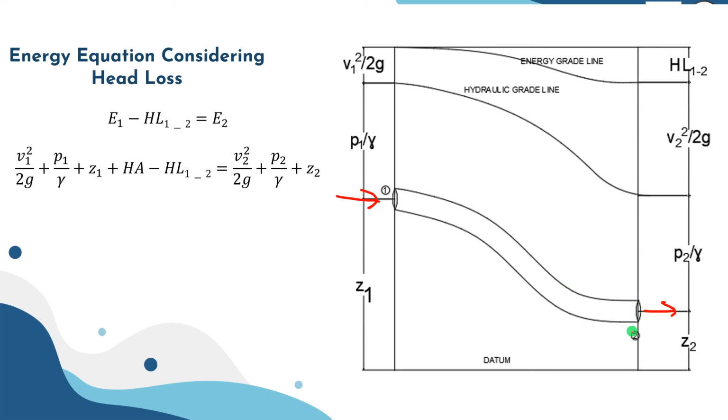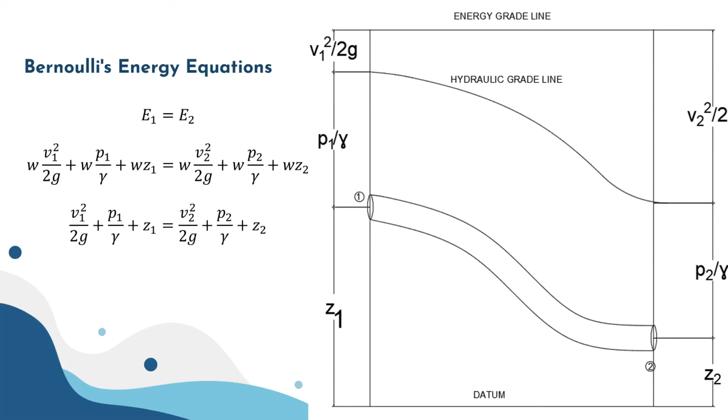So it is almost similar to Bernoulli's equation, we will just take the sum of the pressure head, velocity head, and elevation head. So here in the Bernoulli equation, we neglect the head loss, but in reality, class, there are losses in energy as the fluid flows within the pipe.